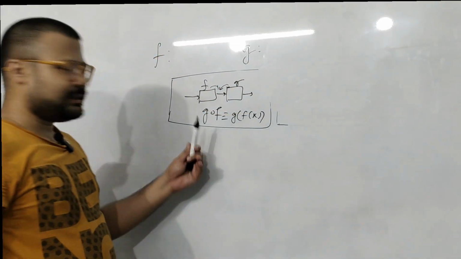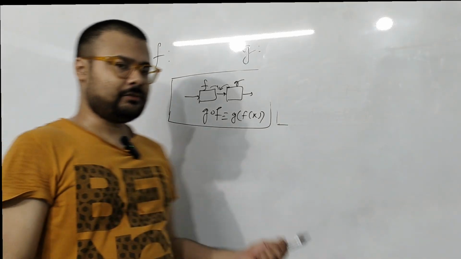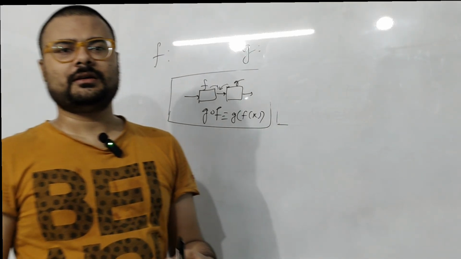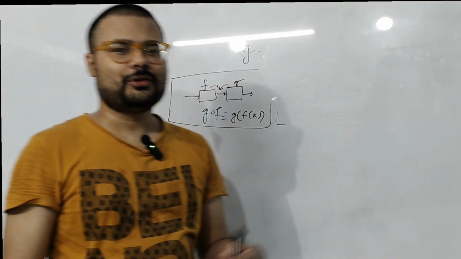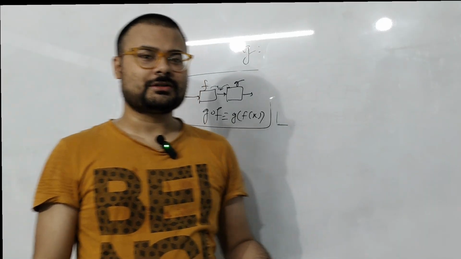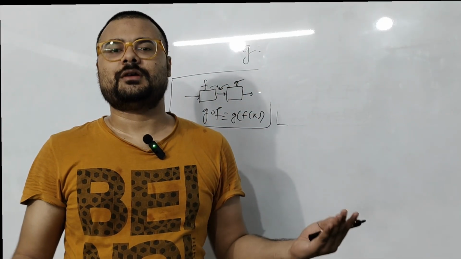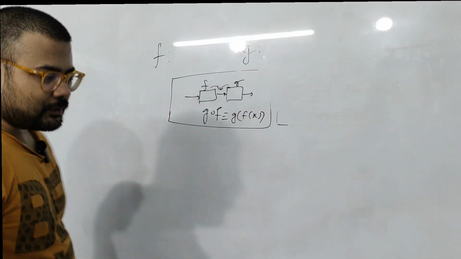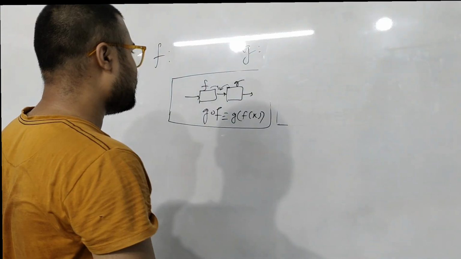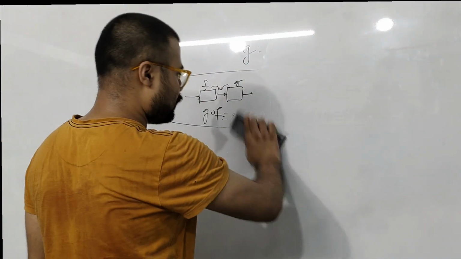I don't have to actually give an example; we can directly say that commutativity does not hold, because it might be the case that gof is possible and fog is not.